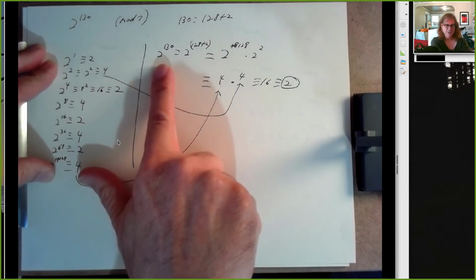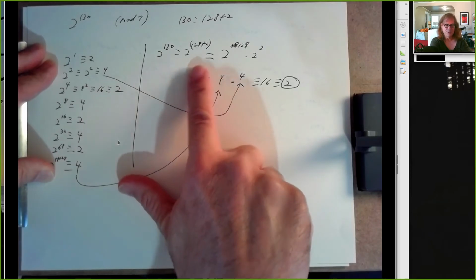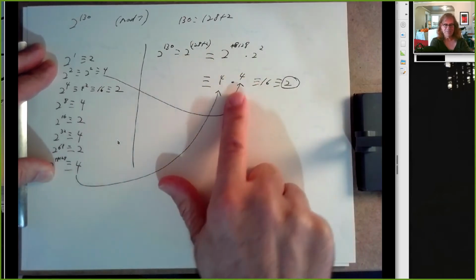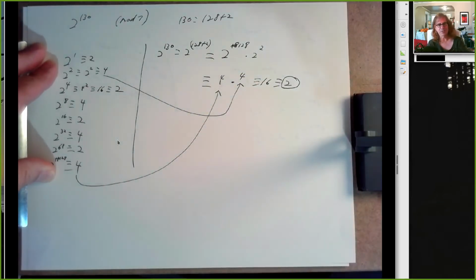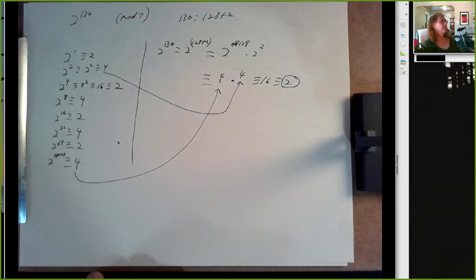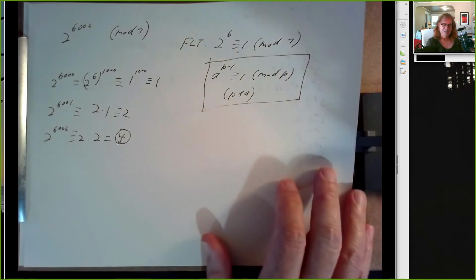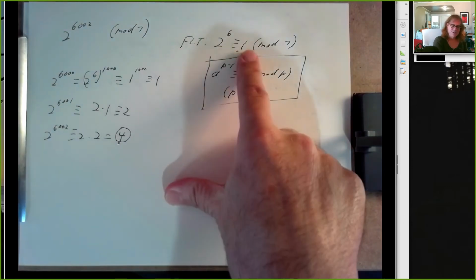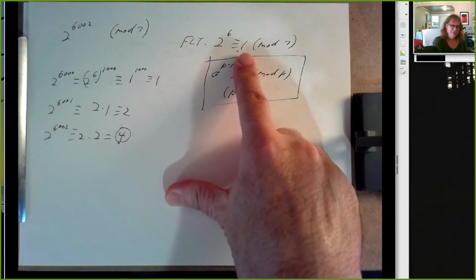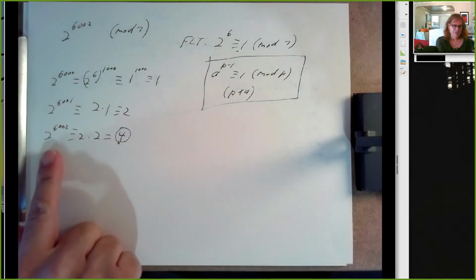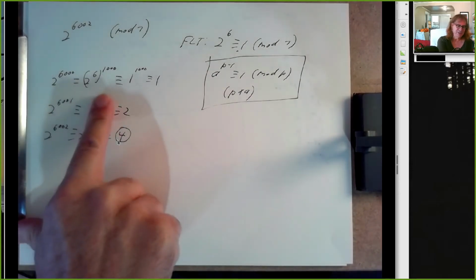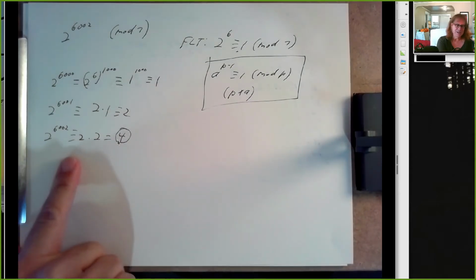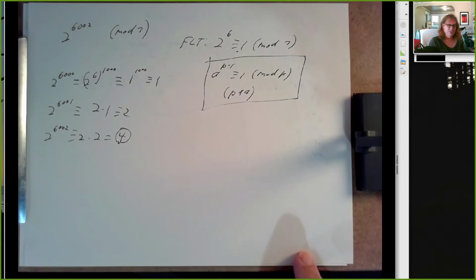Show me 2 to the 130th is 2 to the 128th times 2 squared, which is 4 times 4, which is 16, which is 2. Fermat's Little theorem, definitely, right? Show me that you understand that 2 to the 6 is congruent to 1, and then you could do something like 2 to the 6,000 is congruent to 1, and 2 to the 6,002 is 2 times 2.